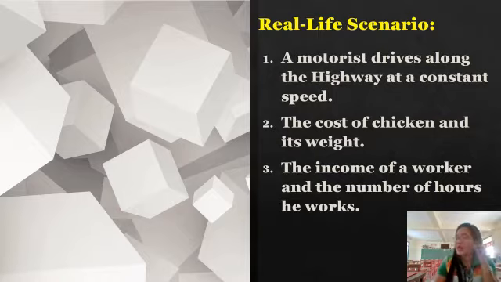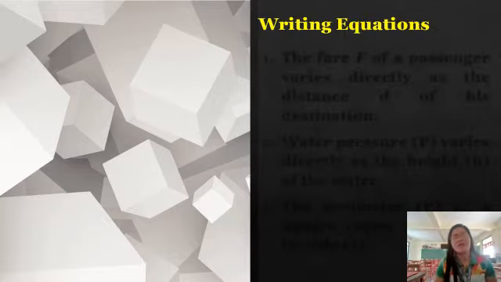So, the income of a worker depends on the hours he works. He has a small income, a small salary if he only works a few hours, but a big salary if he works long hours. So those are the different real life examples of direct variations.